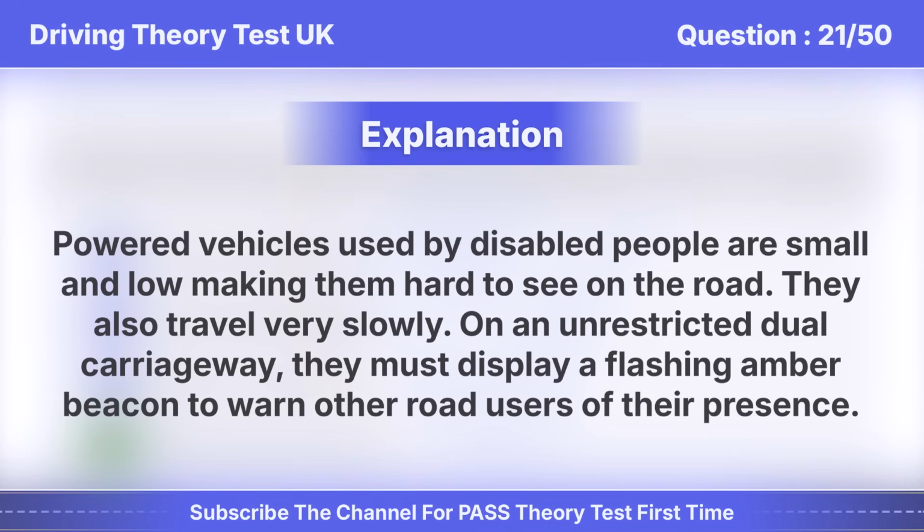Powered vehicles used by disabled people are small and low, making them hard to see on the road. They also travel very slowly. On an unrestricted dual carriageway, they must display a flashing amber beacon to warn other road users of their presence.